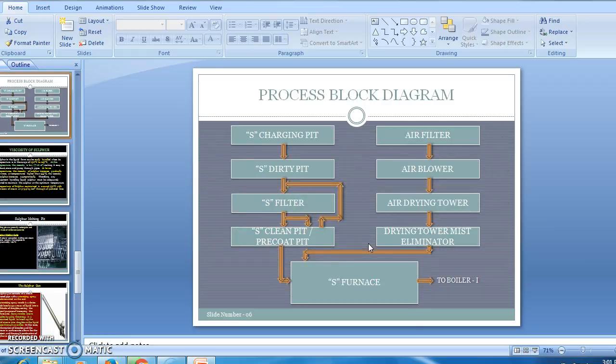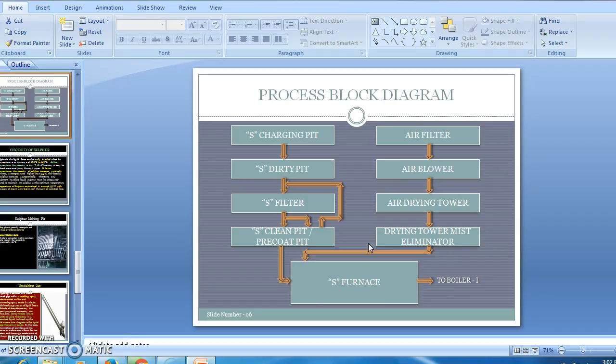Now let's look at the actual process. You start with raw sulfur, which is stored in what may be called a dirty pit, because you cannot have a direct solid going into the oxidizer. So first you melt the sulfur. It has some impurities, such as carbon, which won't melt. Only sulfur will melt, at around 130-135 degrees centigrade.